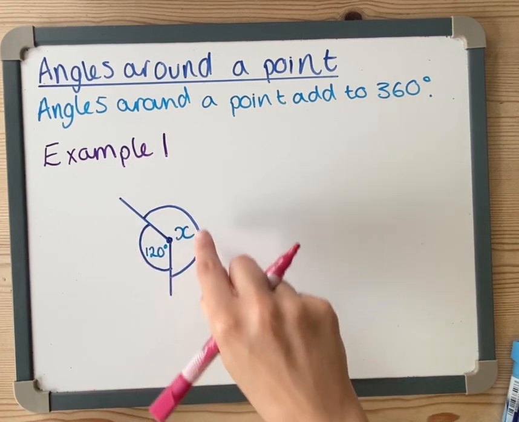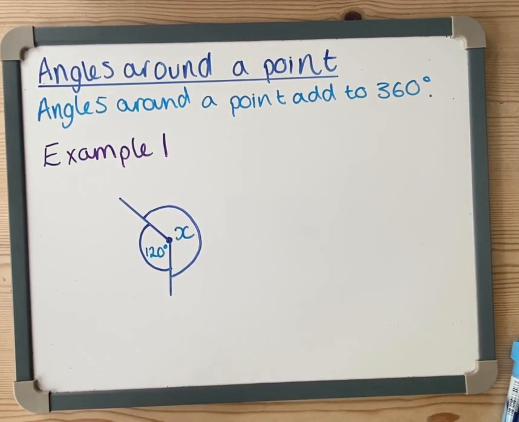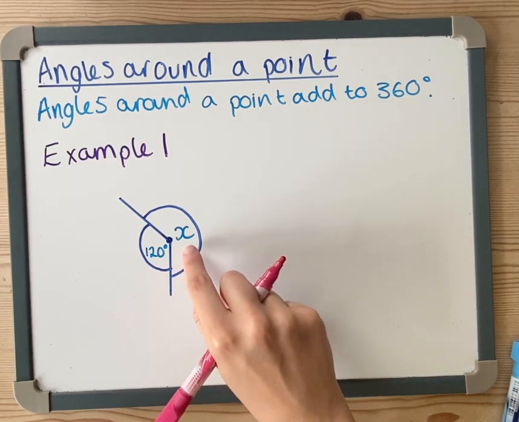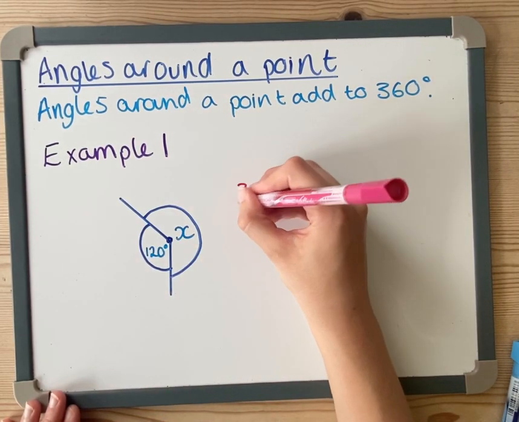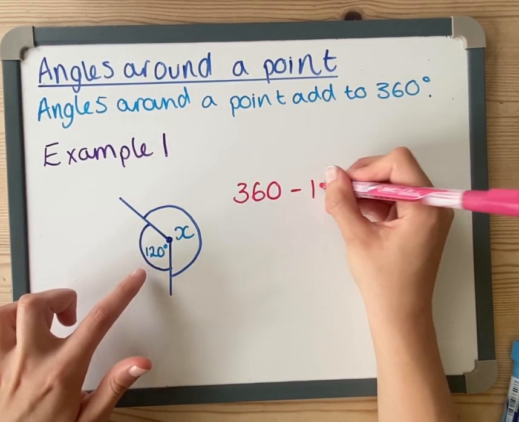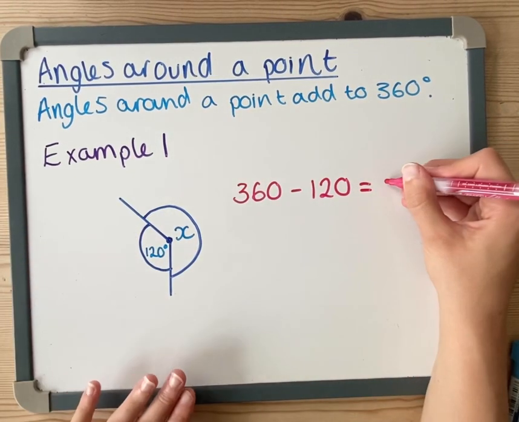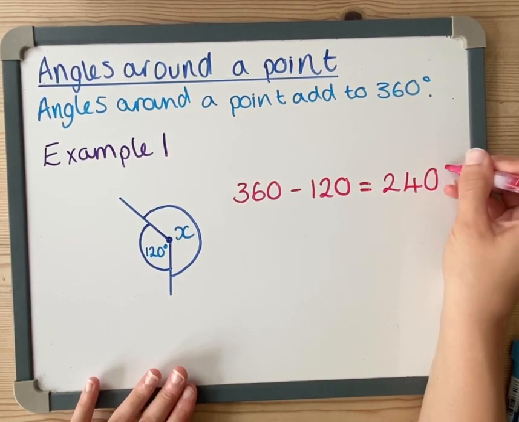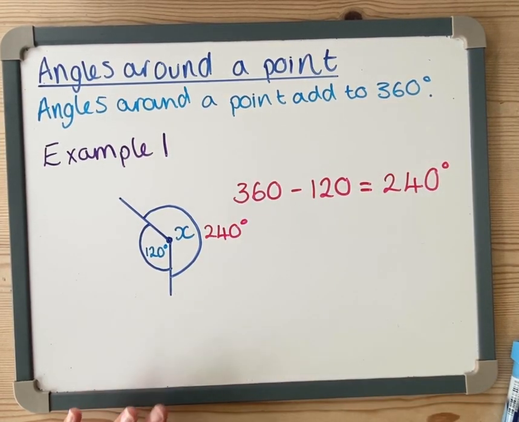So if both of those add to 360, then how would I work out what that one is? Well, if I take off the part I know, the 120, I should be left with 240 degrees. So the missing angle there is 240 degrees.